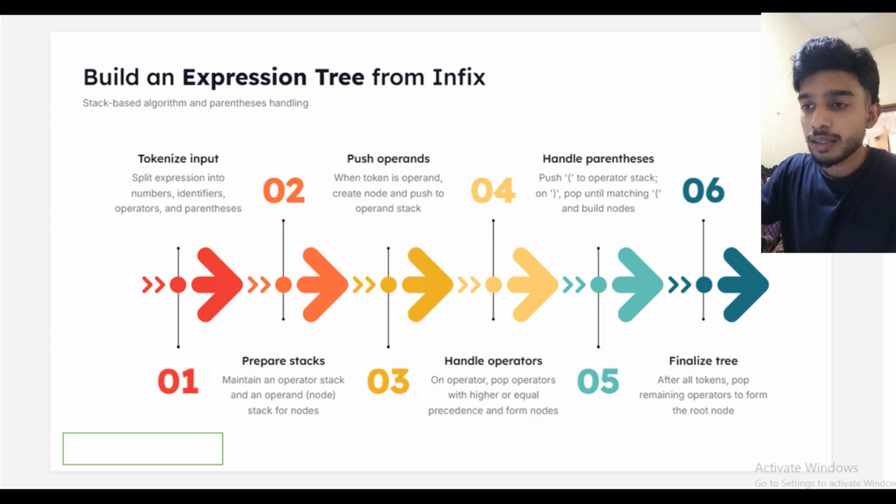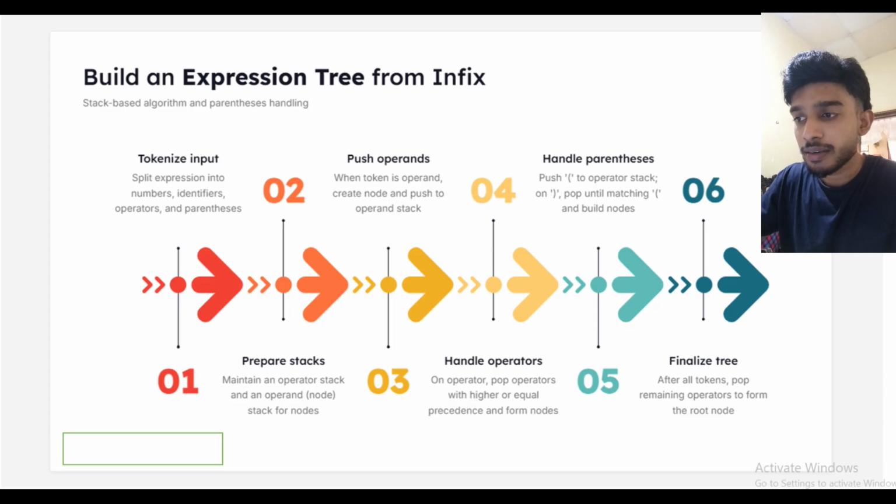We tokenize the input, push operands onto the stack, and handle operators based on precedence. If we see a closing parenthesis, we pop and build nodes until we hit the matching opening parenthesis. Finally, we pop any remaining operators to form the root.